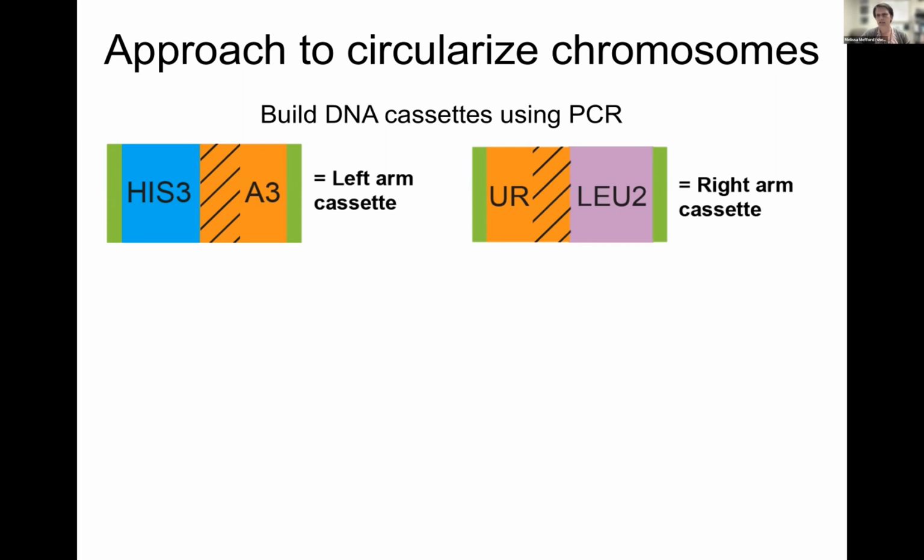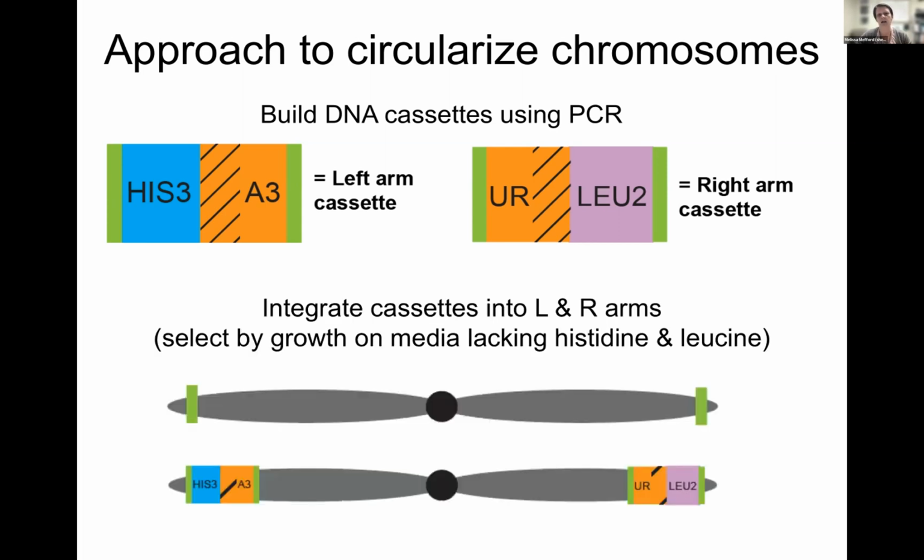So once we build these DNA cassettes using PCR, our next step is to put that DNA into our yeast cells and allow the DNA to integrate into the left and right arms of a single chromosome. And we can tell whether that's happened by using selection on growth media lacking either histidine for the left arm or leucine for the right arm.